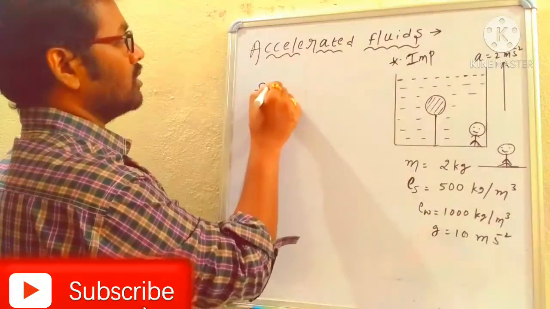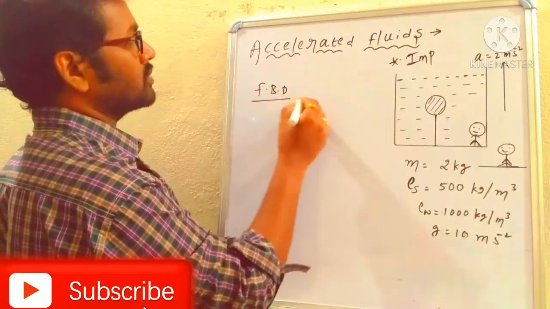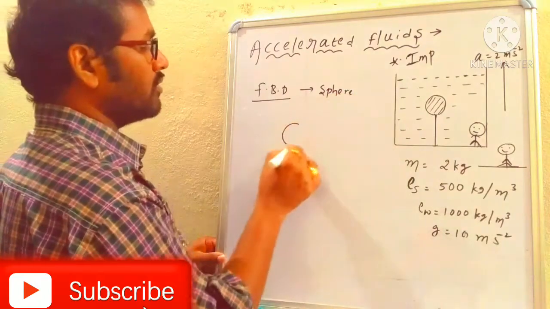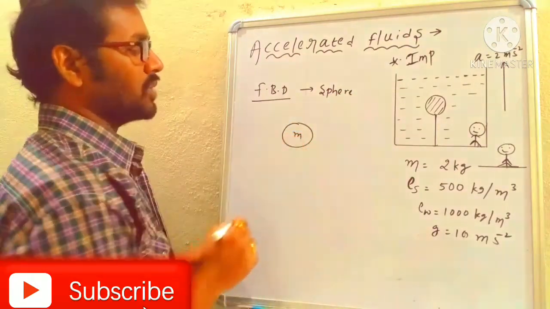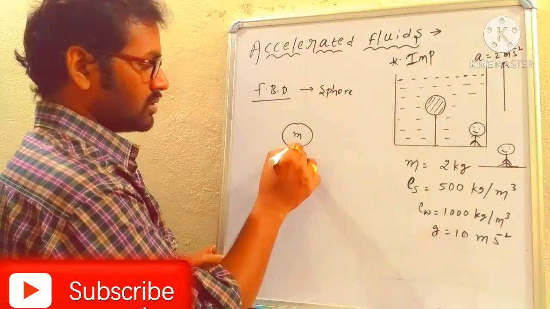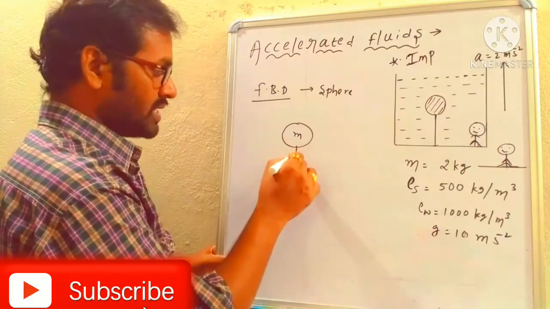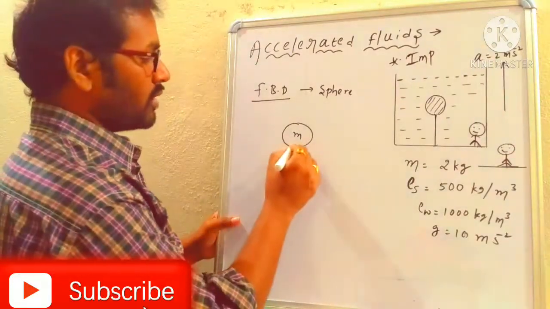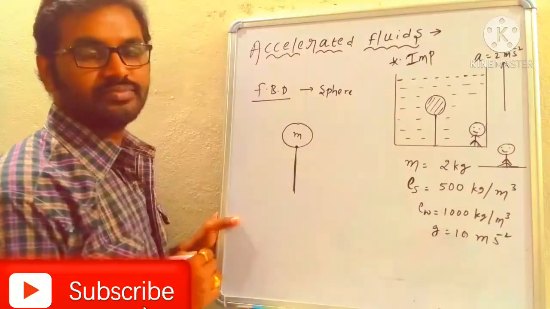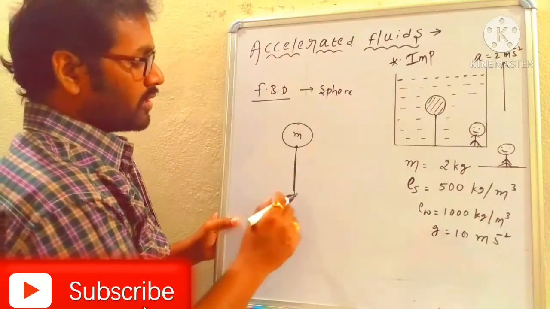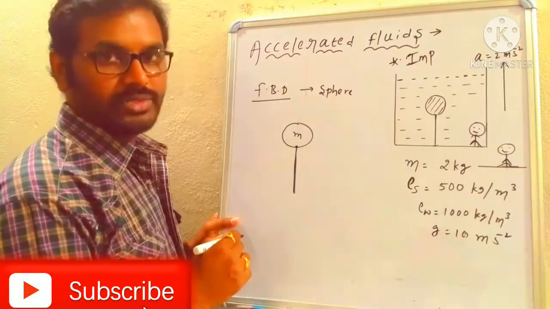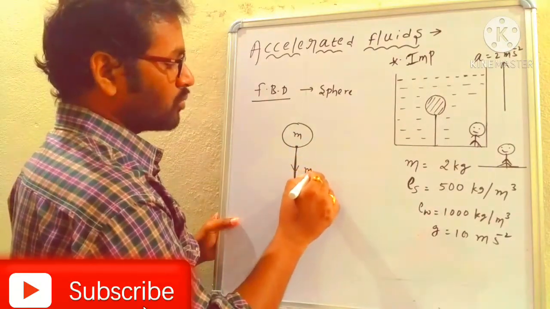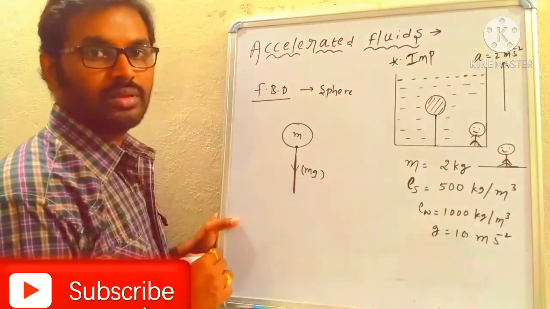FBD, free body diagram for the sphere. Here we have the sphere of mass m, and one string is connected to the sphere here, and we can say this is the point of contact. Now, what are the forces acting on this object? The gravitational force acts in the downward direction, mg.